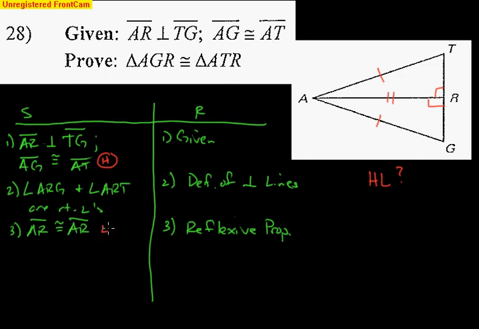And there is your precious leg. You have the hypotenuse, you have the leg. That means that these two right triangles, triangle AGR and triangle ATR, are congruent, and it's by HL, hypotenuse leg congruence. So there's that HL theorem.